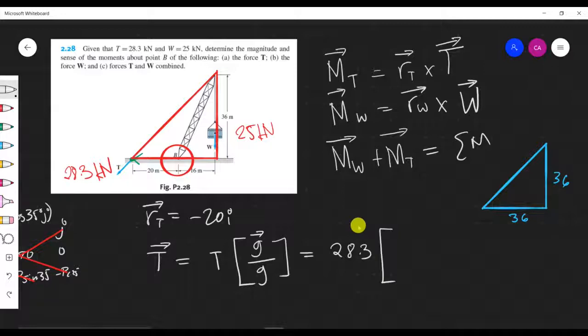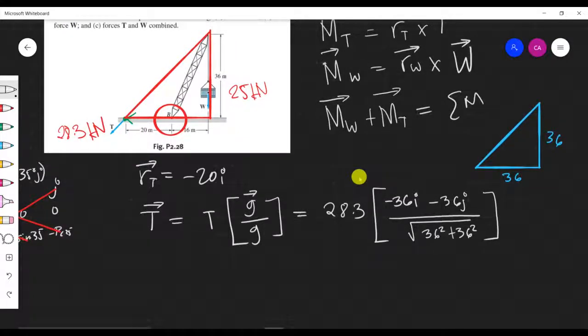Yung direction ng 28.3, 36 negative kasi pakaliwa. Then, negative 36, pababa. Yung kanyang total is square root of 36 squared plus 36 squared, or 36 square root of 2.